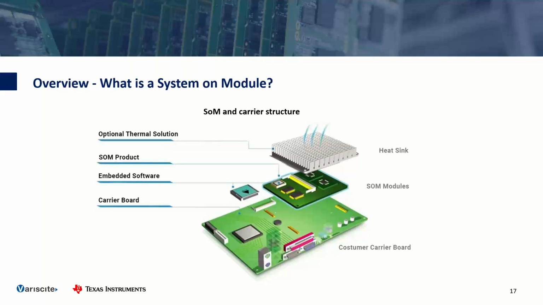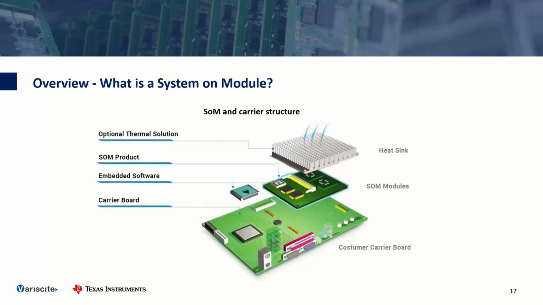Let's say that the advantage of using a SOM is that you receive the brain of your product that is basically ready to use. So we take care of designing all the basic interfaces. On the SOM you will find already the SoC, the RAM, the internal storage like the eMMC.